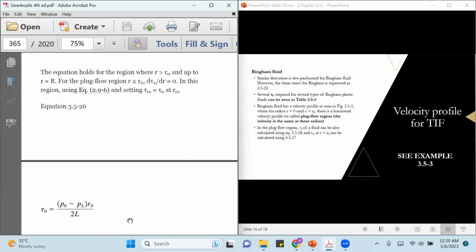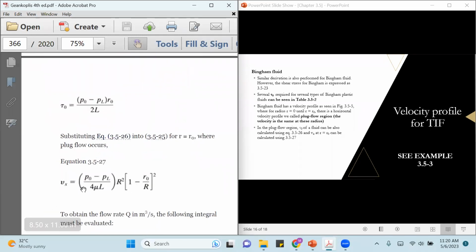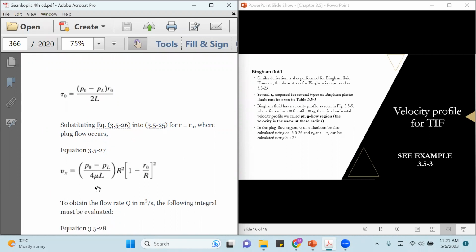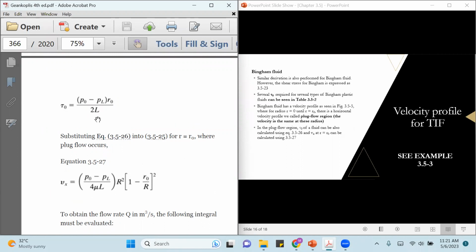And the Vx at r equal to R0 can be calculated using this equation. So the velocity in the plug flow region and the tau 0 in the plug flow region can be calculated using these two equations.